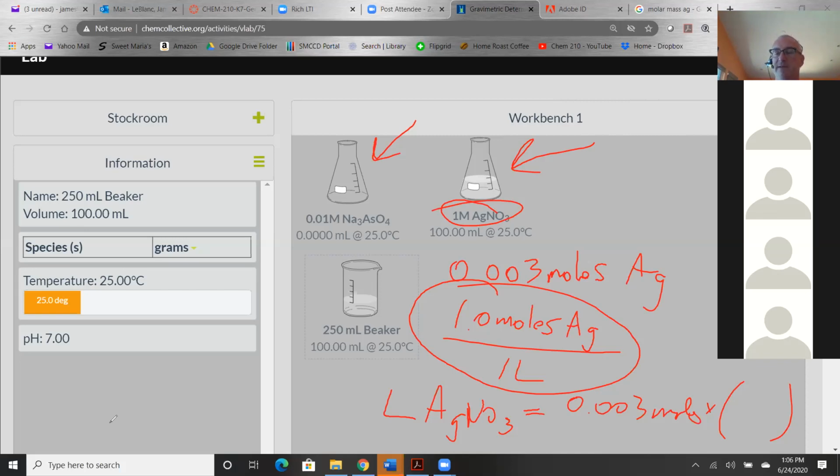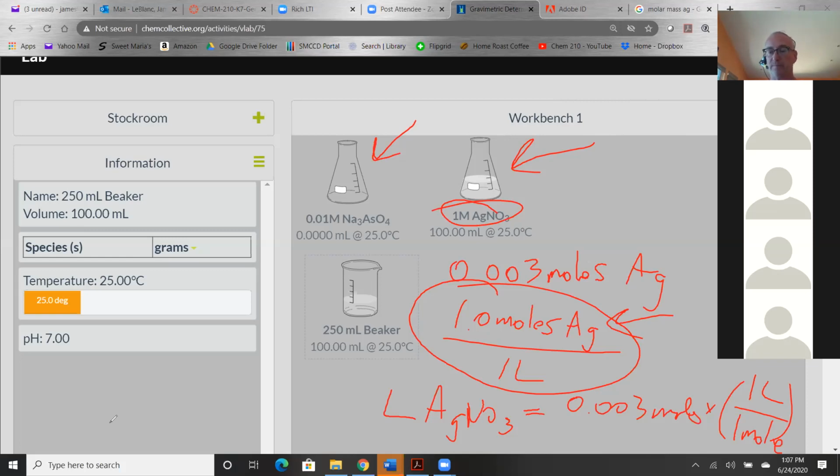Nope, because that's going to give me moles squared over liters squared. It would be 1 liter over 1 mole. There you go. Yes, 1 liter over 1 mole. That's the concentration of the silver, 1 mole over 1 liter. We just flip it upside down and put 1 liter on top and moles on the bottom. It's still equal. There's 1 mole in 1 liter, and in 1 liter there's 1 mole. It's the same thing.